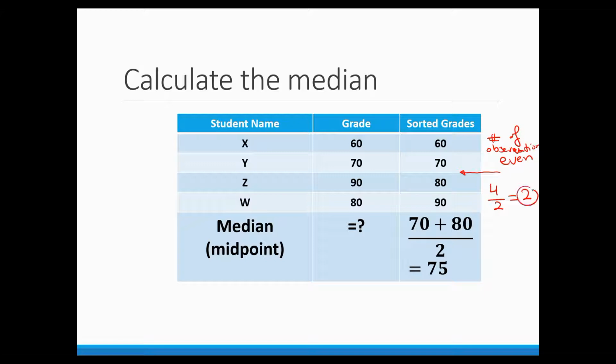So in this case we have to add the second and the third observation and divide their value by 2. Here the second observation is 70, the third observation is 80. We add them and divide by 2. Of course 70 plus 80 equals 150, divided by 2 gives us 75. So this is the value of the midpoint inside this data set.